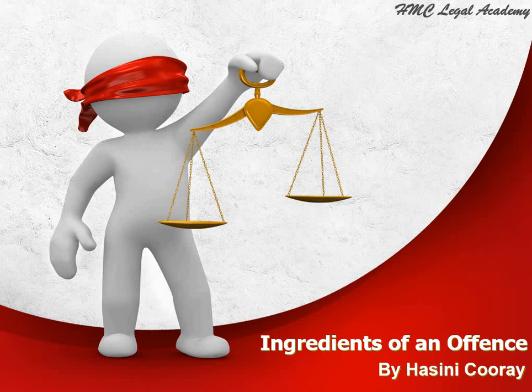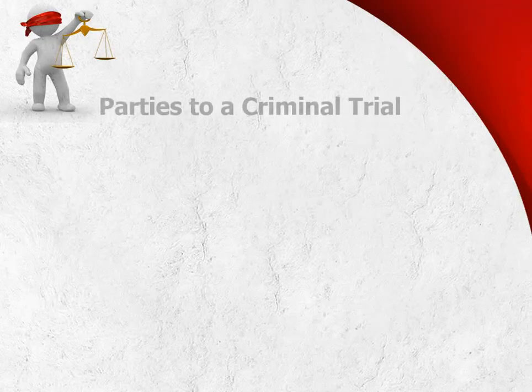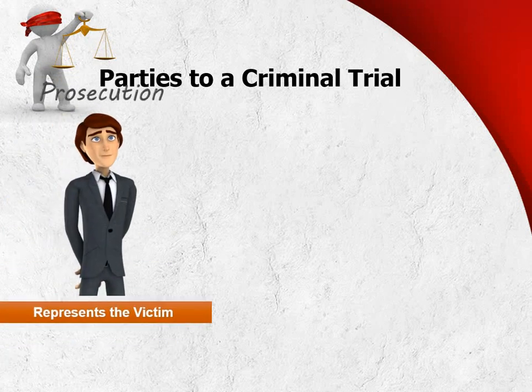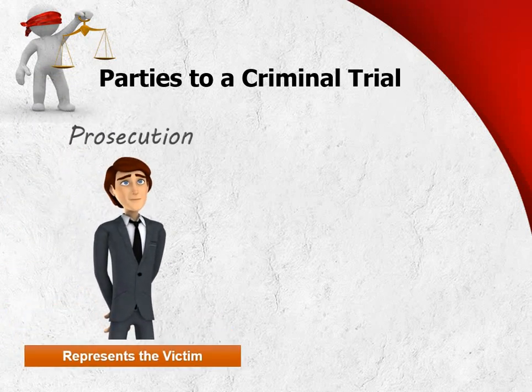Now, before we proceed further, I wish to bring to your attention that there are two main parties to a criminal trial. Now, when dealing with the parties to a criminal trial, first of all, we have the prosecution representing the victim.